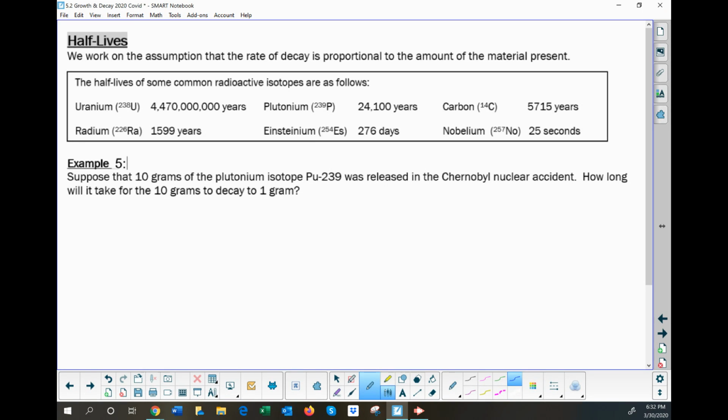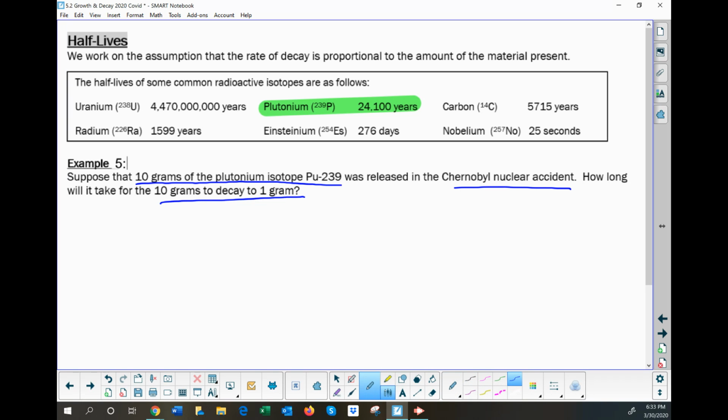Example 5 says, suppose that you took 10 grams of plutonium Pu-239 that was released in the Chernobyl nuclear accident. How long will it take for 10 grams to decay down to 1 gram? I also notice up here that they give us the half-life for plutonium, so we're going to make use of that little fact as well.